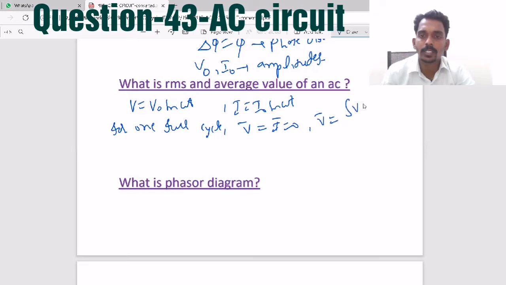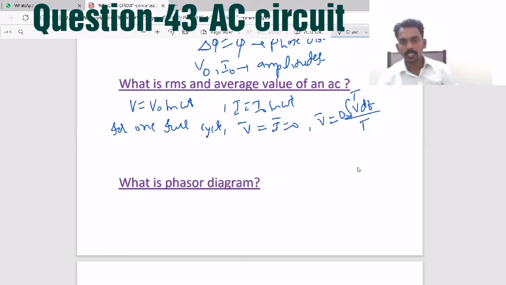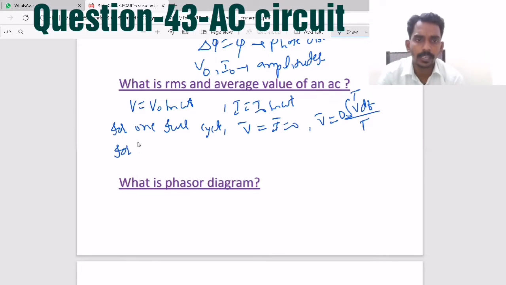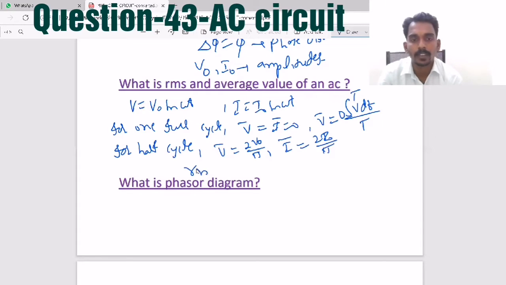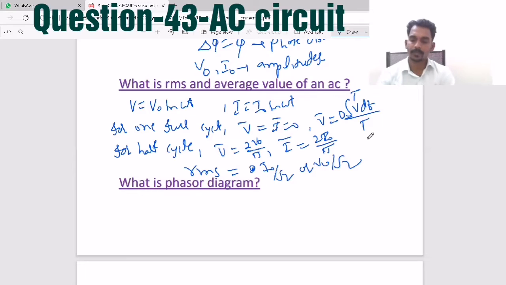Generally average value means integration of V dt by T, from 0 to T. So over a time period you have to integrate the function with respect to time. For half cycle the value comes 2 V0 by pi, and I average is also the same way, 2 I0 by pi. RMS means root mean square value, and that will come I0 by root 2 or V0 by root 2.